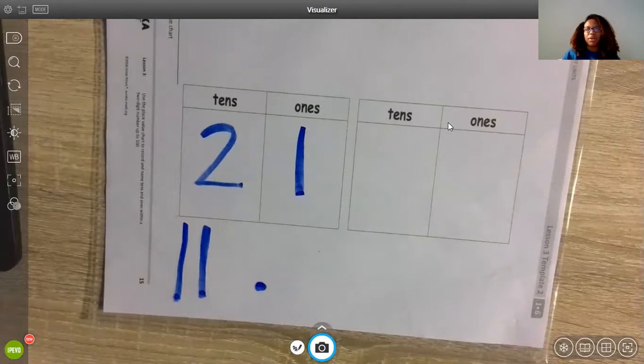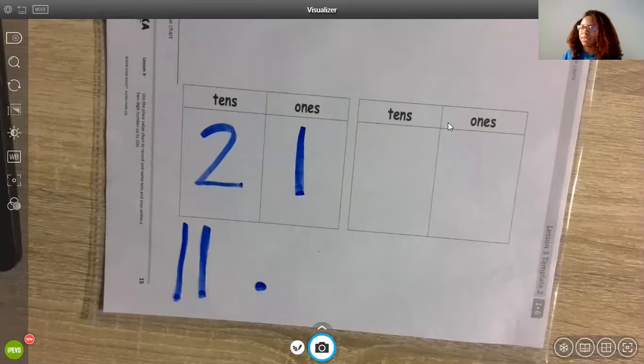I'm thinking of a number, and I have the digit 2 in the 1s place, and the digit 1 in the 10s place. What number do I have in my head? What's my number?